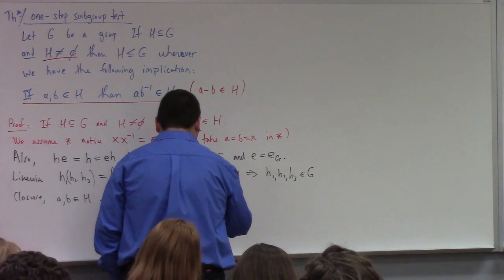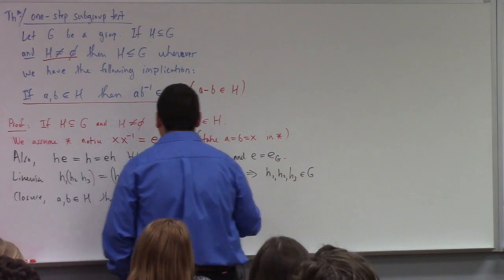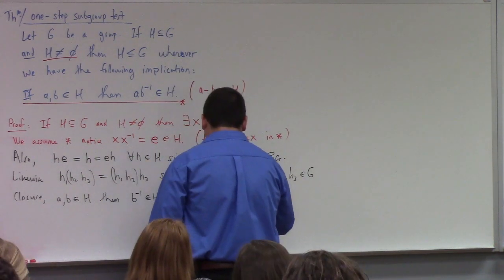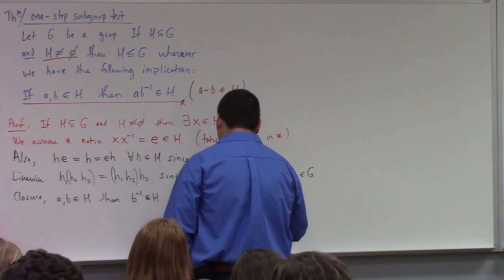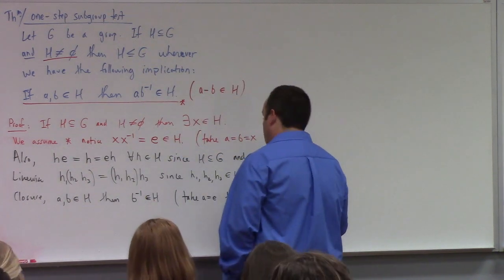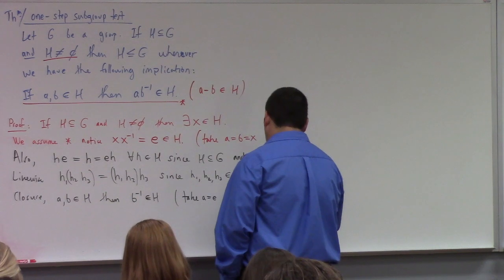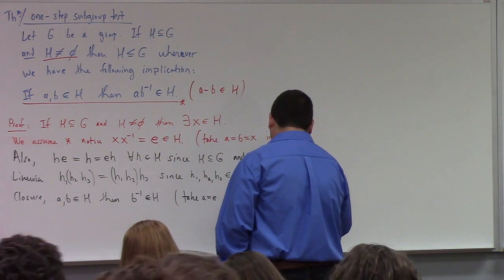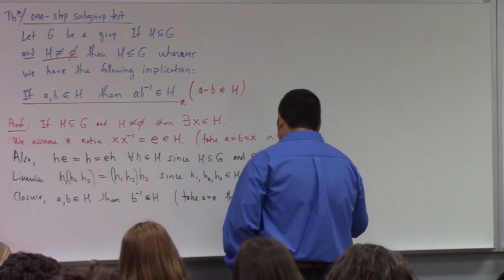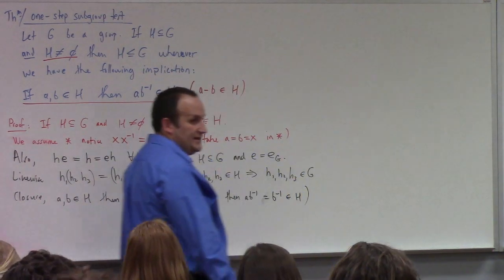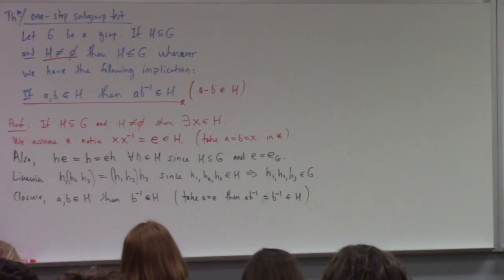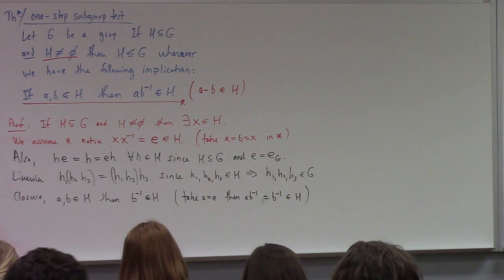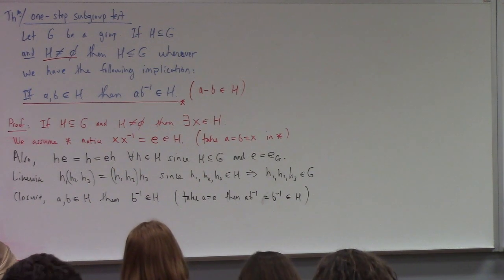Take A equals E, then A B inverse is an element of H, right? Well, that equals B inverse, an element of H. So once I find out that the identity is in H, then it's pretty easy to prove that the inverse is in H. If I just take A equal to the identity, that gives me that the inverse of B is in H, right?